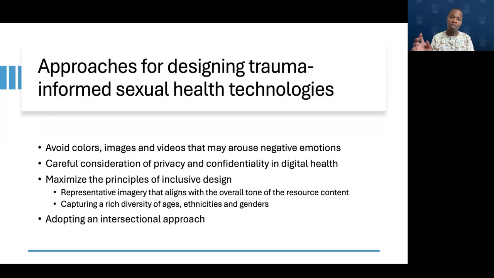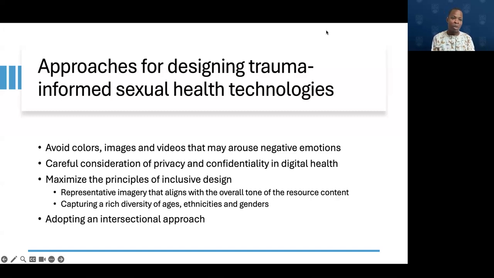The best way to do this is to conduct user testing on content. Usually, user testing is conducted to assess functionality, the ease of use. But people were more interested in testing whatever content is displayed on a digital platform.